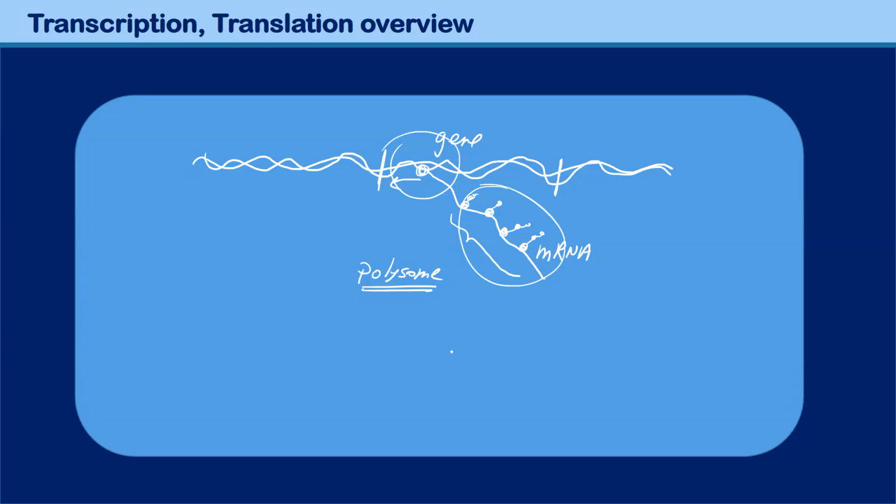Transcription and translation both occur in the cytoplasm. So there is no separation between them, because in eukaryotes transcription occurs inside the nucleus and translation in the cytoplasm. But over here, because we don't have a nucleus, it's all in the same space.